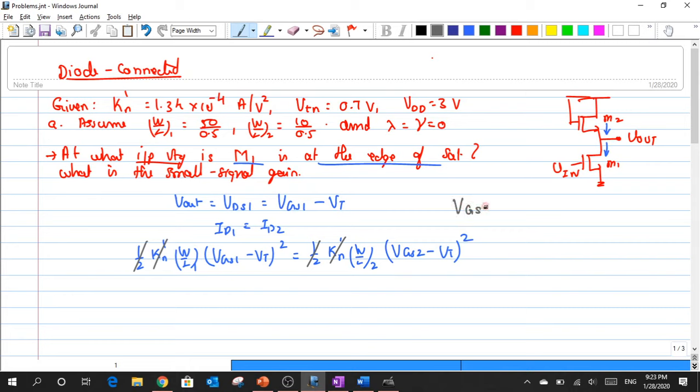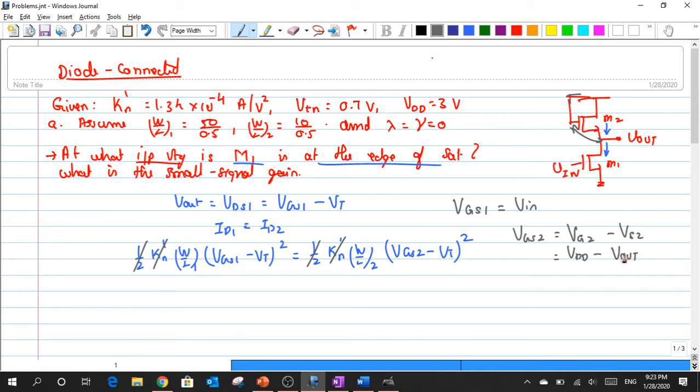VGS1 is nothing but Vin, and in the case of VGS2, the value could be written as Vg minus Vs. We know that the gate potential is connected to VDD, so one could substitute that value, whereas at the bottom the source node is connected to Vout, so I can write this as Vout.